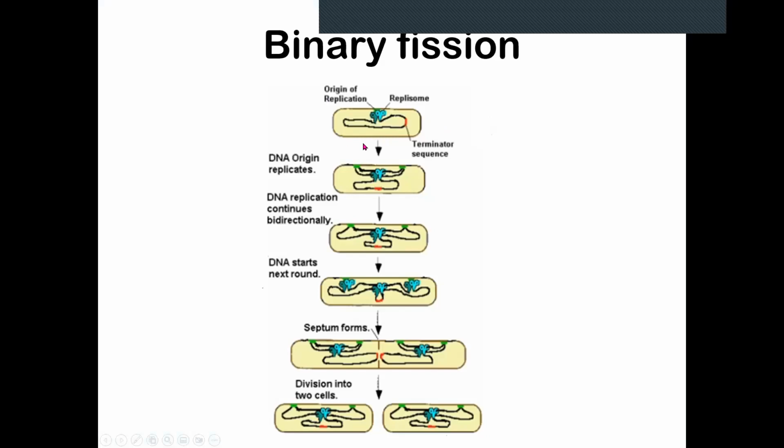So here's basically your original bacterium, and it starts reproducing the DNA, and it just goes into two. While it's doing that, the cell extends itself, and you end up with the two cells.